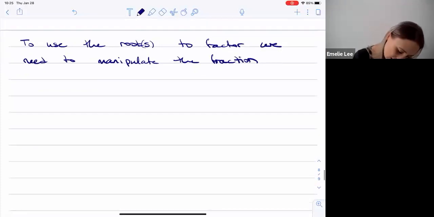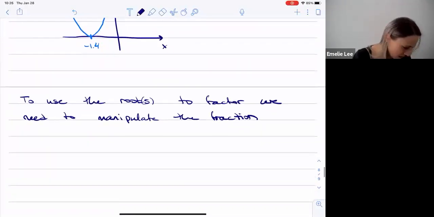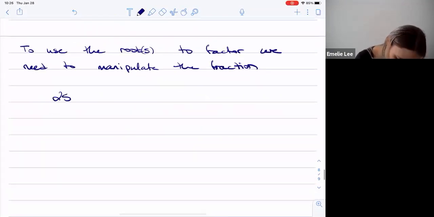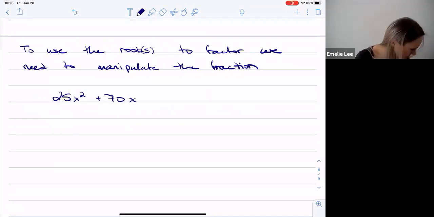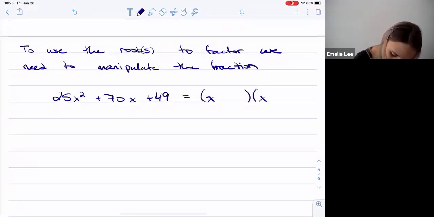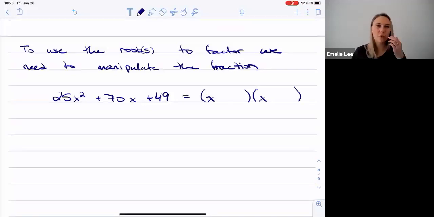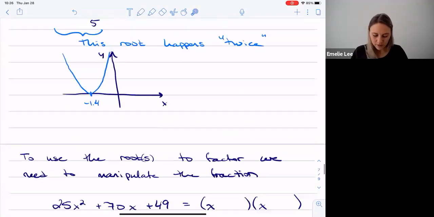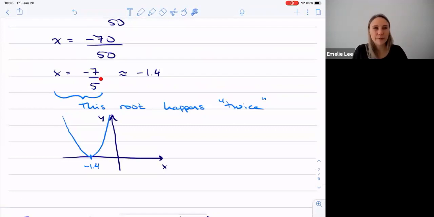So what was the equation we started with? 25x squared plus 70x plus 49 is equal to, and just using that same setup as before, I can still use that root, negative 7 over 5, in order to force a 0.